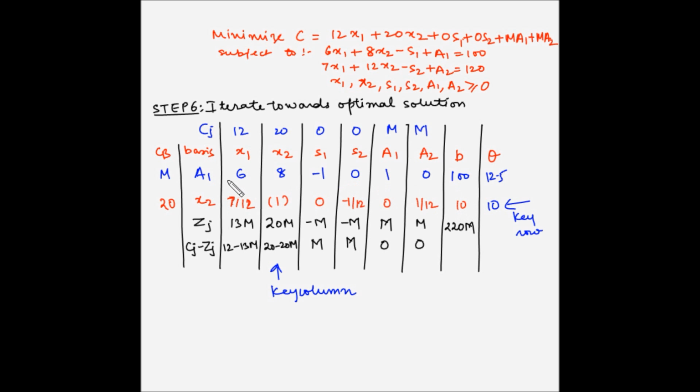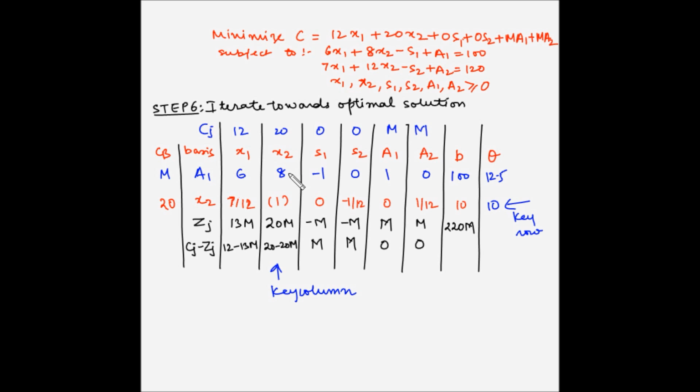So now let's move to row A1. For the other rows, the variable and its contribution, that is the CB column element, are reproduced without change. So A1 and M will be as it is. Now for the other elements, basically we have to modify them, considering that we have to make this element in the key column and row A1 as 0.